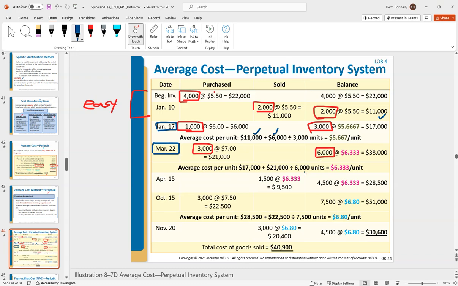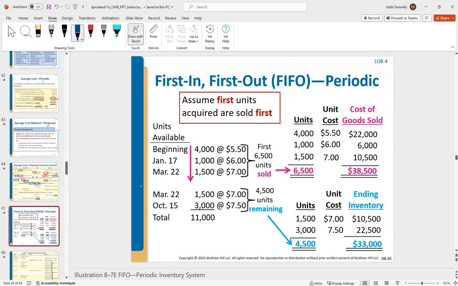Of the 6,000 here, we're going to have, in this case, the 17,000 for 3,000 of the 6,000, and then 21,000 for the remaining 3,000. So you do the combo of those two divided by 6. We're at 633. You run the numbers on that. So you can see kind of how you work your way down on this for the perpetual average.